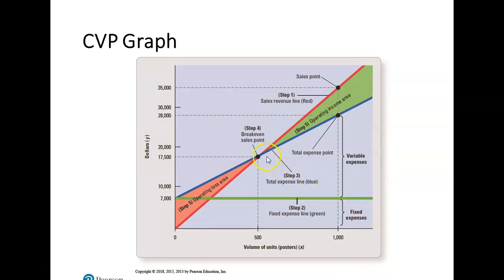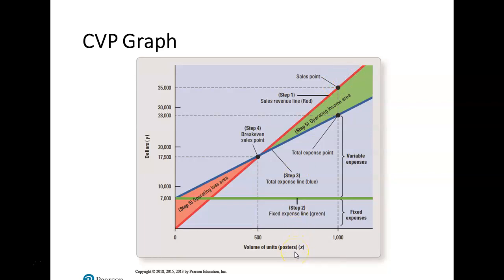Above the break-even point is where we start earning money. This is where our profit becomes very important. Down here is where we're losing money. 7,000 is our fixed expenses. But you can see, as sales increase, so does the volume, and so does the profit.